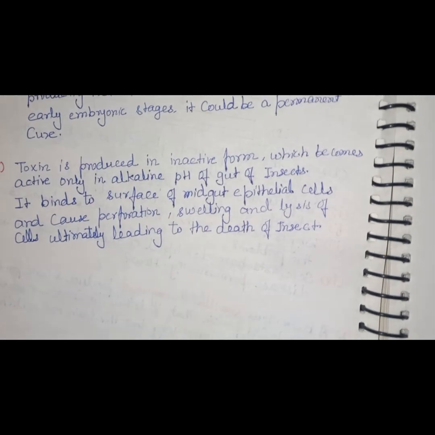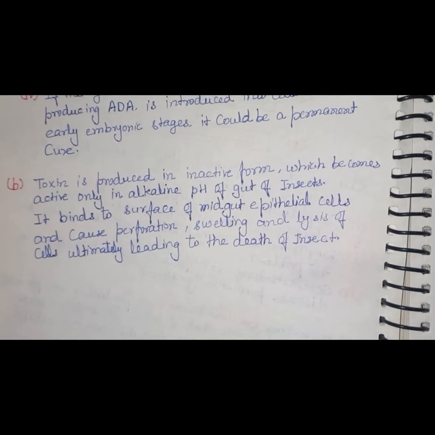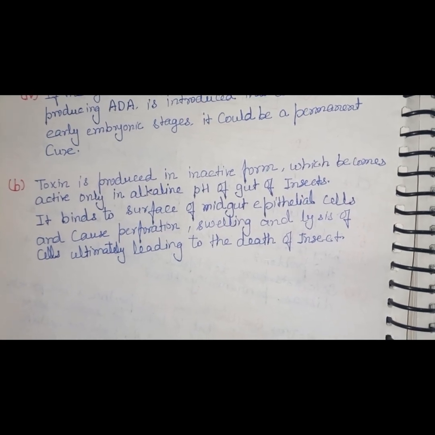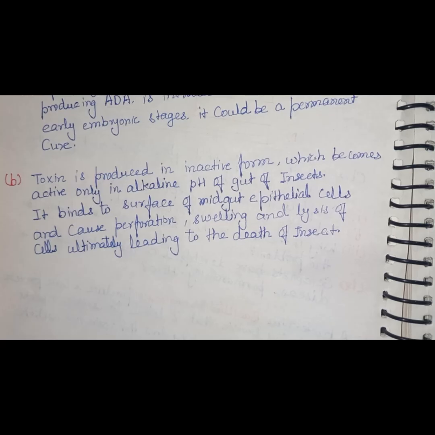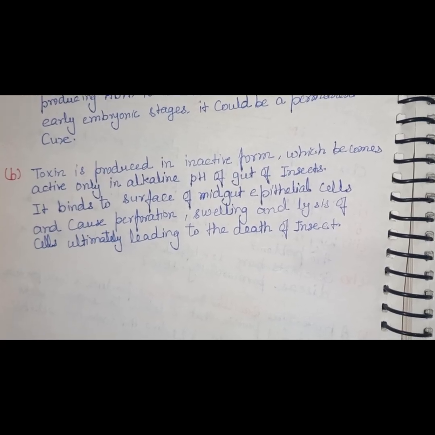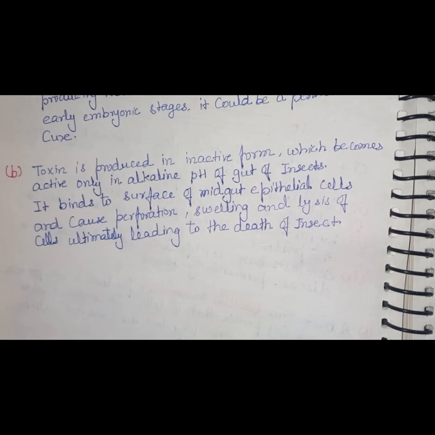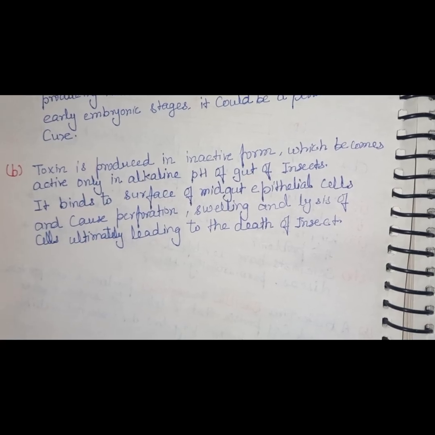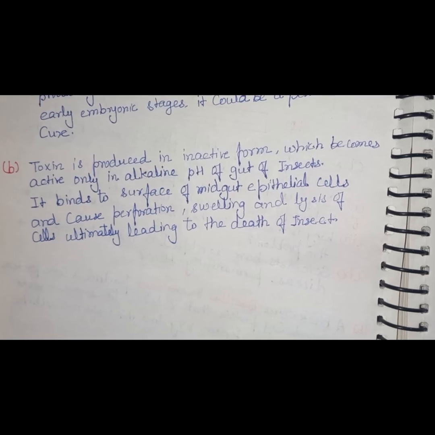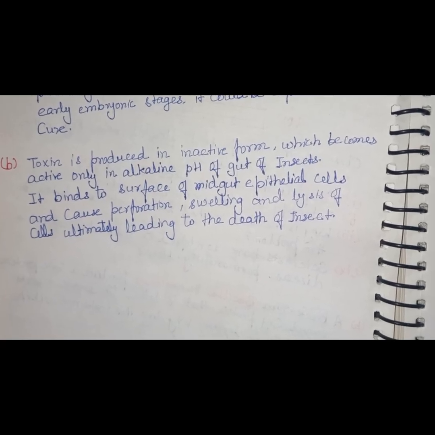Here comes the answer: the toxin is produced in an inactive form. It can only become active inside the gut of an insect, not in all parts. Our body is acidic, that's why it is not going to be active there, but it is going to be active in the alkaline gut of an insect.